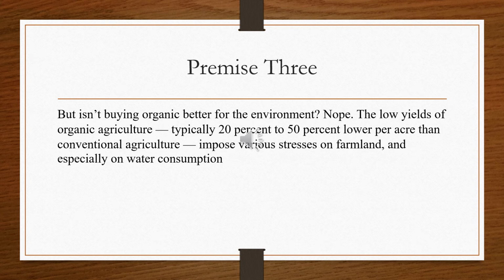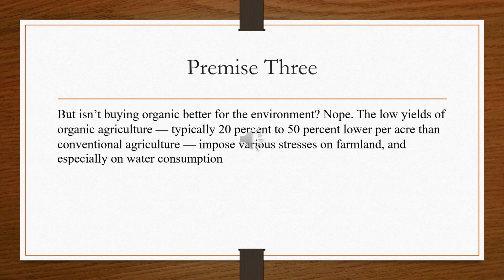And the third and final premise focuses on a completely different aspect of organic farming, that is the effects on the environment, and begins with a rhetorical question. But isn't buying organic better for the environment? Nope. The low yields of organic agriculture, typically 20 to 50% lower than conventional agriculture per acre, impose various stresses on farmland and especially on water consumption.